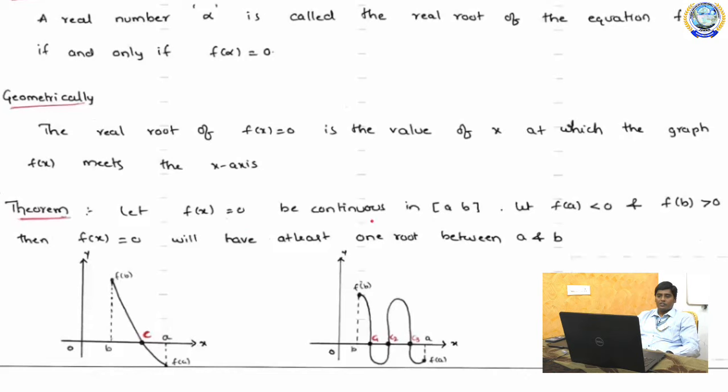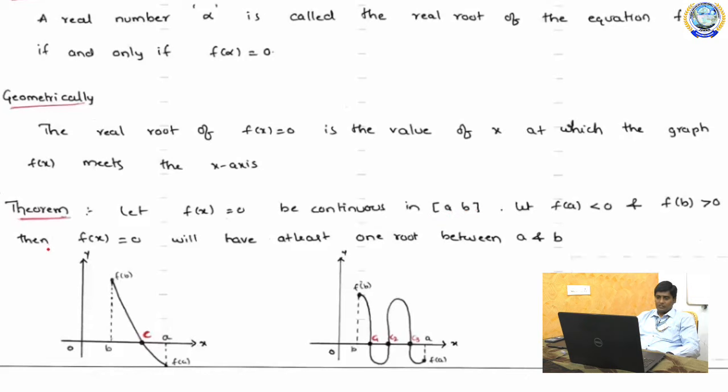If I substitute the value a in f(x) and get a negative value, that is f(a) < 0, and if I substitute b and get a positive value, that is f(b) > 0, then this theorem states that there exists at least one root between the two values a and b.